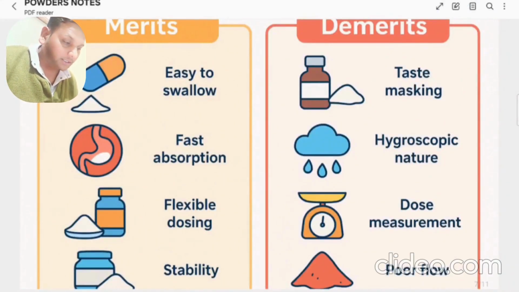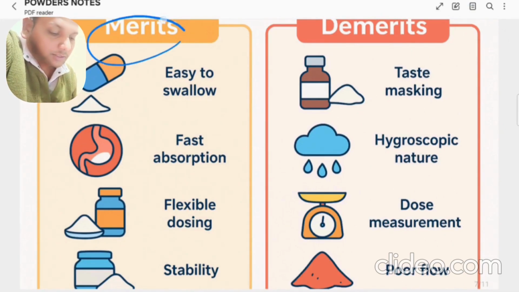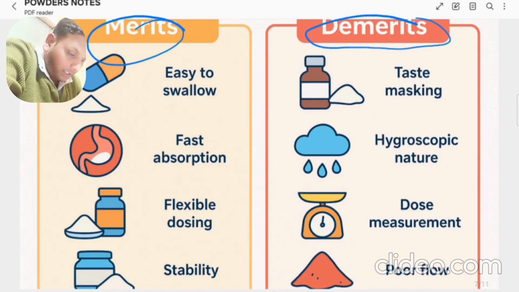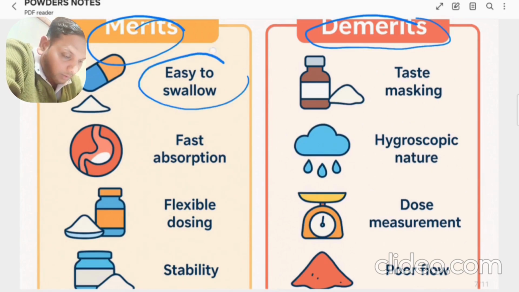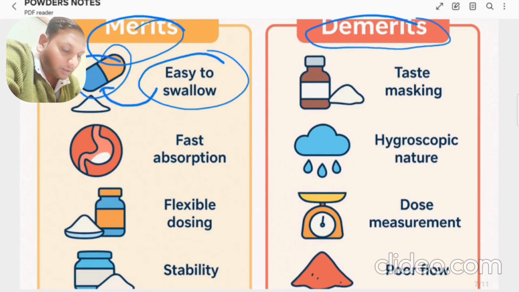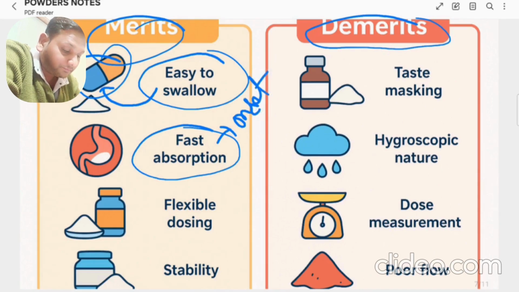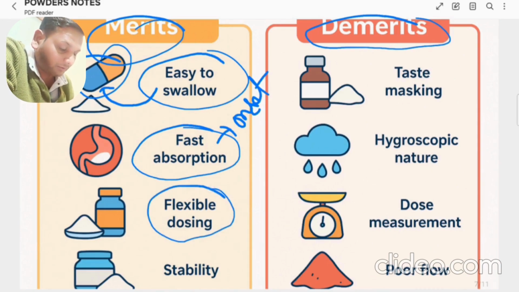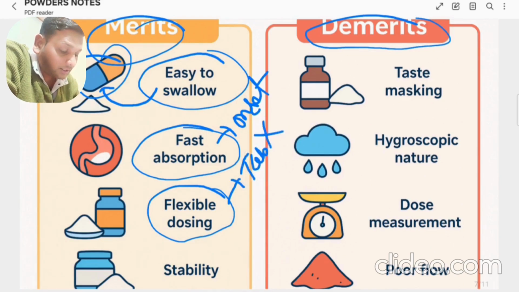Now what are the merits and demerits of powders, or you can say the advantages and disadvantages? Here the main advantage is that it is very easy to swallow when it is incorporated in a capsule. Then in the GIT there is fast absorption, and because of fast absorption there is a faster onset of action. Then dosage flexibility is possible in the case of powders, whereas in tablets it is not possible because the dose is fixed.